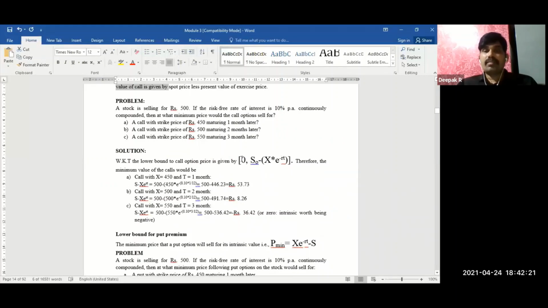So the lower bound of the call option: the minimum can be 0, and the maximum can be the spot price minus the discounted value of the exercise price.